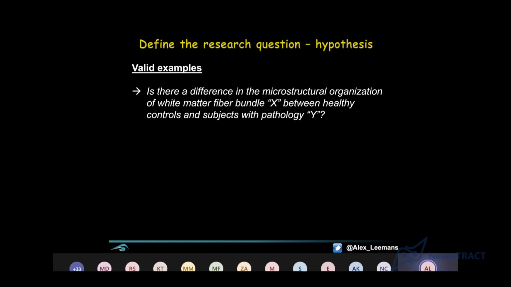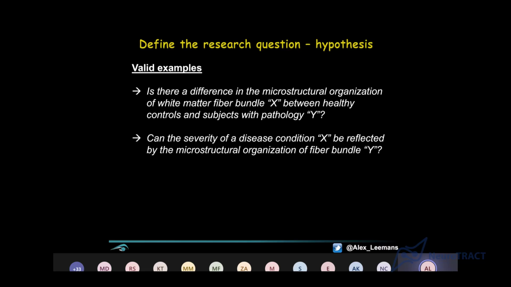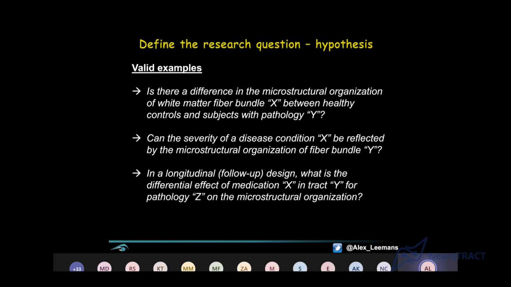Keep in mind some valid examples that you can think of: is there a difference in the microstructural organization of white matter fiber bundle X between healthy controls and subjects with pathology? Or can the severity of a disease condition X be reflected by the microstructural organization of fiber bundle Y? Another one, in a longitudinal follow-up design, what is the differential effect of medication X in tract Y for pathology Z on the microstructural organization?